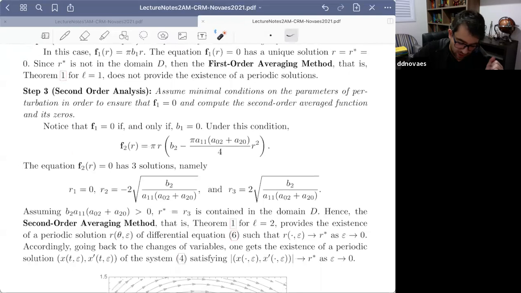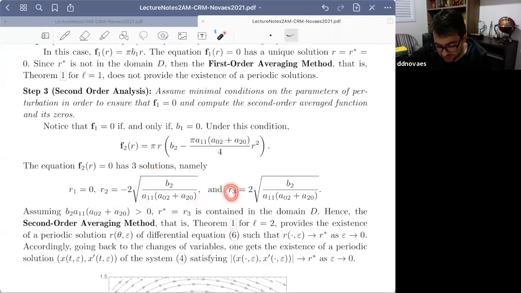Okay, so F2 equals 0 has three solutions. Namely, R1 equals 0, which does not provide any information for us. R2 equals minus 2 times a square root, which is either negative or purely imaginary, and also does not provide any information about periodic solutions because it's not contained in the domain.